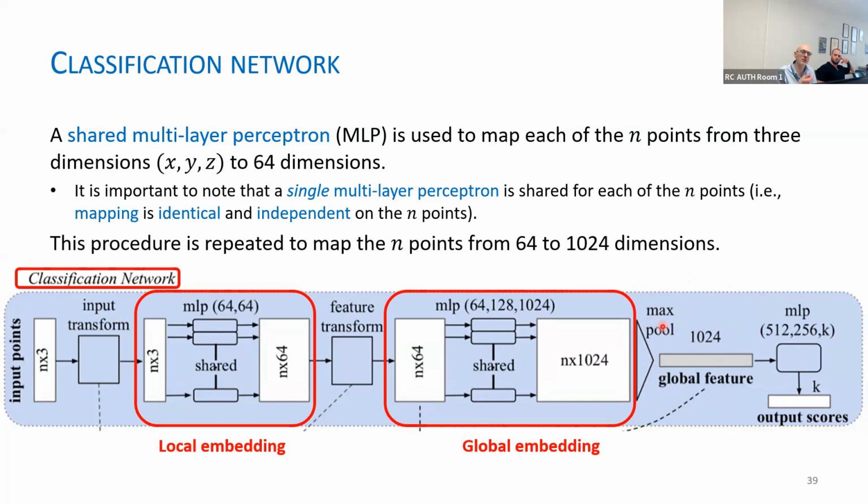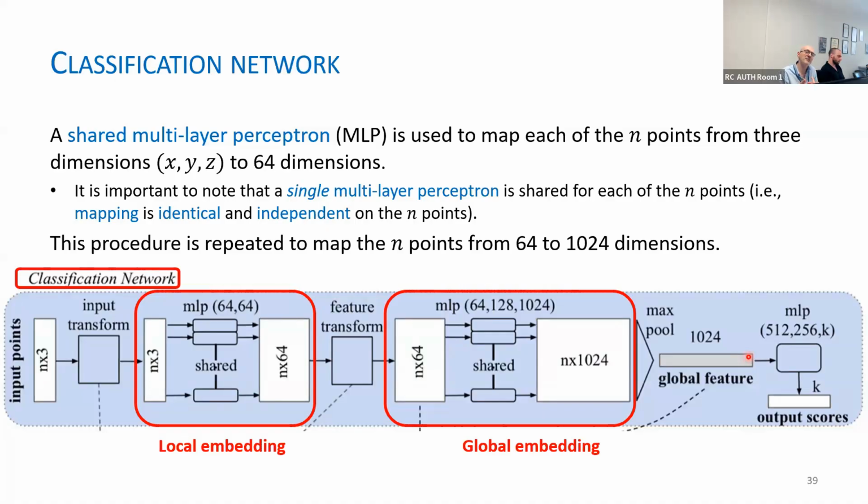They tried the max pooling, the average pooling, the summation, but they found that max pooling in their case is the best one. And so, of course, we retain the output that provides the maximum value among these 1024. At the end, the network outputs a vector with 1024 values, and this vector is the global representation of the input point set.